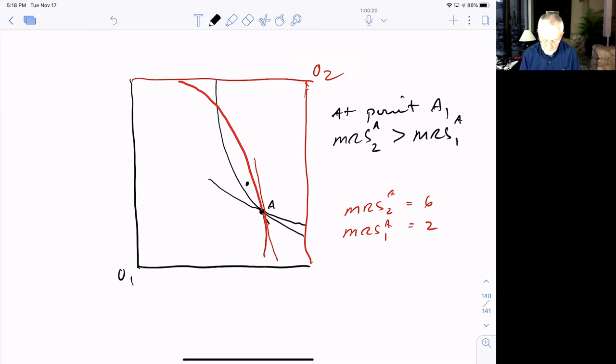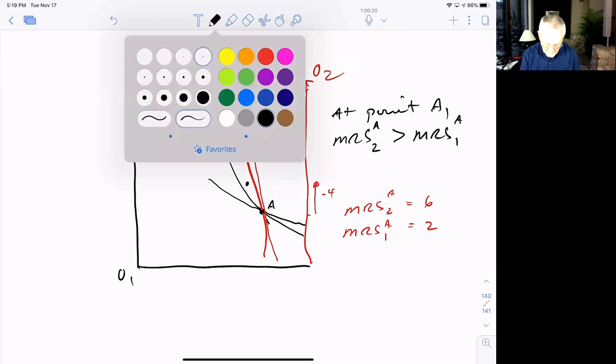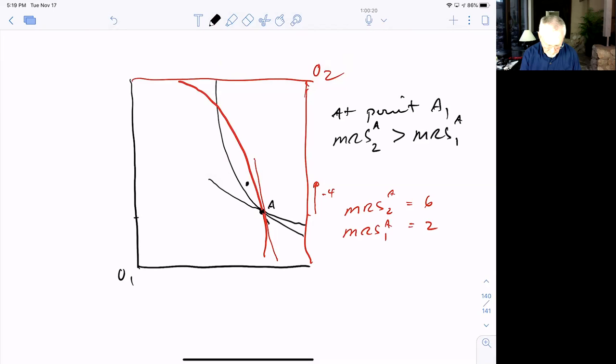So person 2 gives up 4 units of Y. So that means person 2 has 4 fewer units of Y. But by the same token, that means person 1 now has 4 more units of Y. In exchange, person 2 gets an X in exchange.